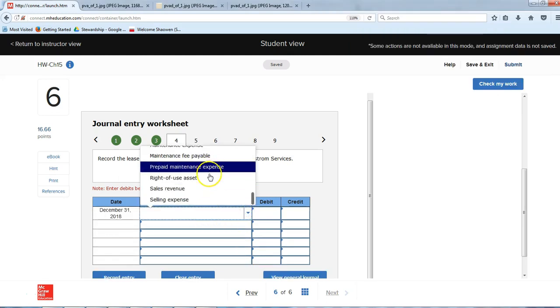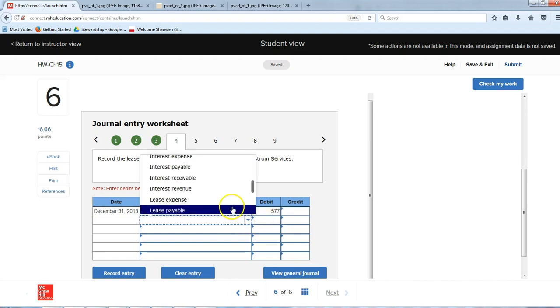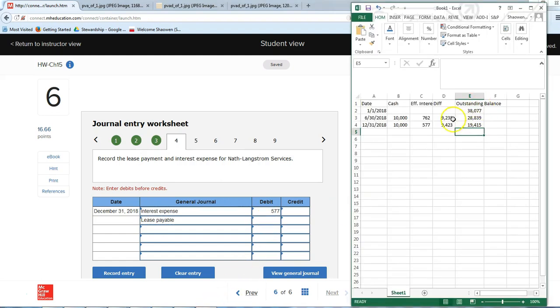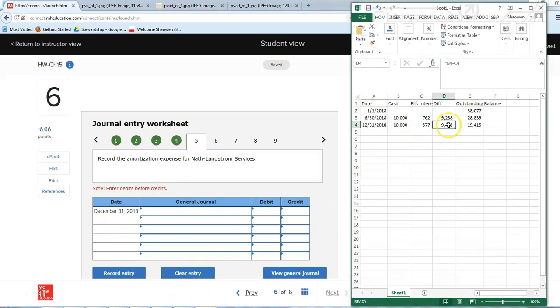So we have interest expense again on the debit side for $577, and lease payable for $9,423. In totally, cash is paid out by $10,000. Amortization on December 31st will be the amount we reduce lease payable.